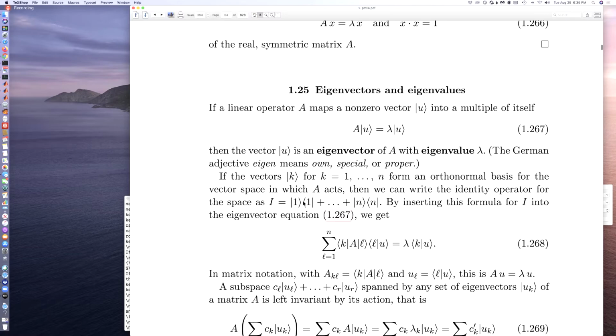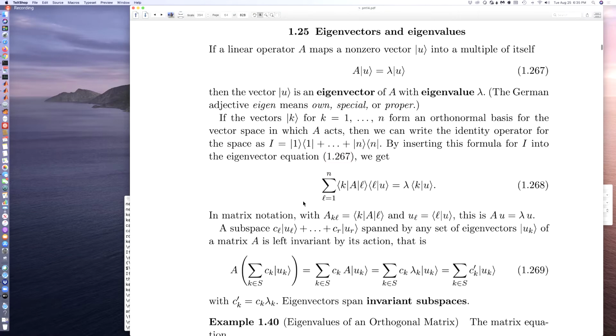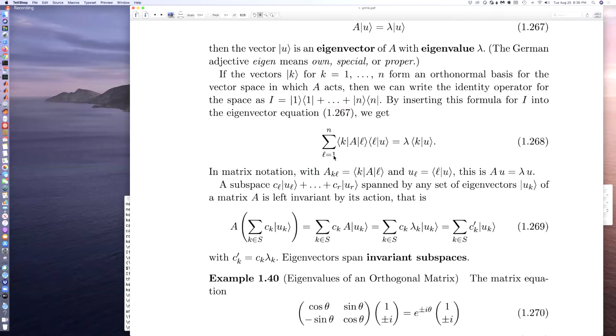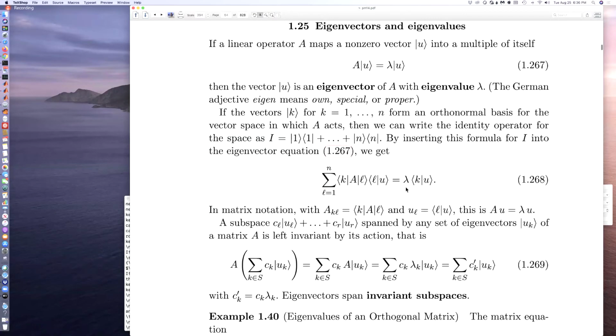So more about eigenvectors and eigenvalues. If a linear operator A maps a non-zero vector into a multiple of itself, then it's called an eigenvector, and lambda is the eigenvalue, of course. We can write this in Dirac notation in this way.